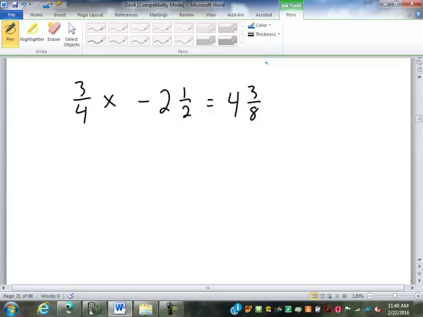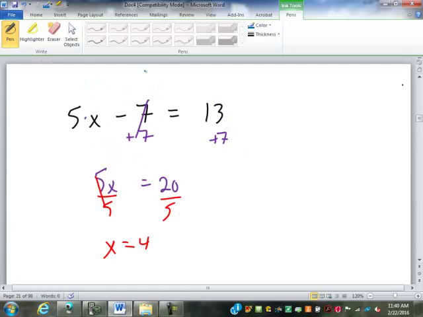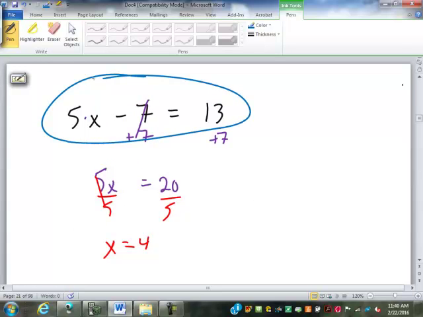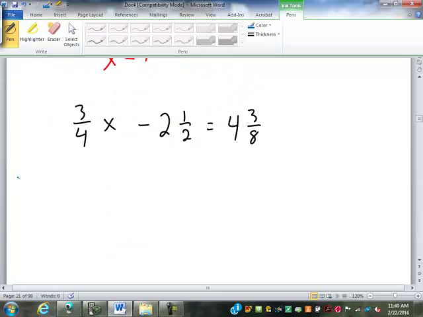But really, it's the same type of equation as what we have right here. This equation was built by multiplying the variable by something and then subtracting from it. Same here. This equation was built by multiplying x by 3/4 and then subtracting 2 1/2 from it. So the process of solving it is going to be exactly the same. What's different is going to be the calculations because we're dealing with fractions.